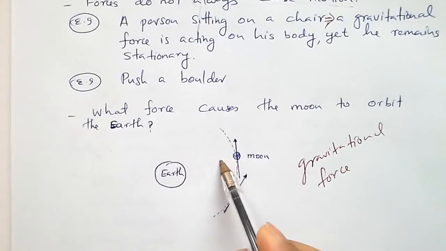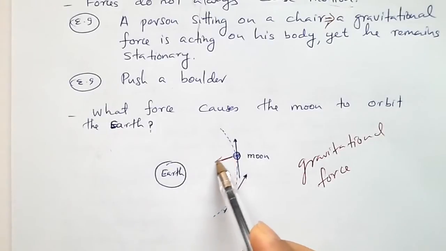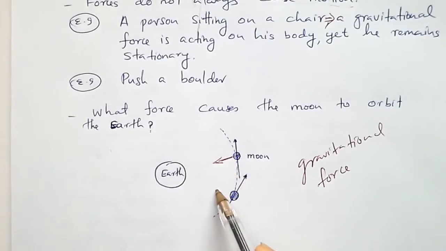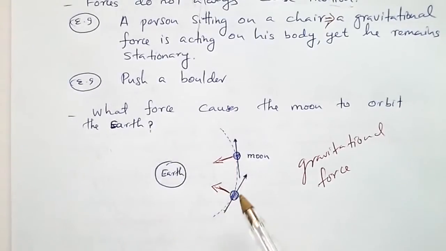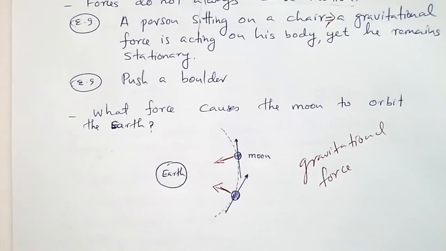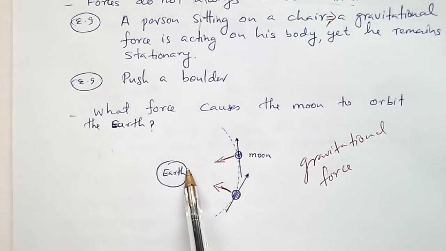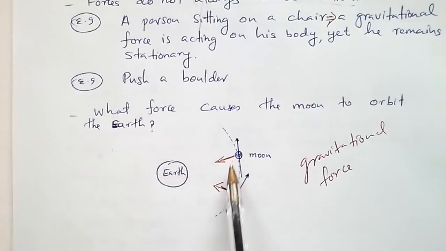There is a force acting on the Moon, but this force is acting through empty space. You can imagine there is no physical contact. These two objects are not physically connected, but yet there is a force acting on this system.